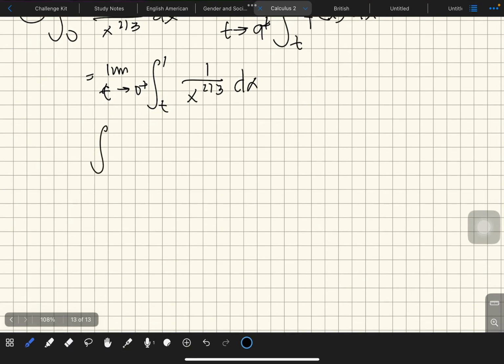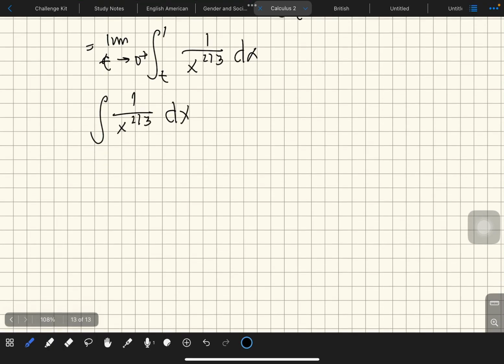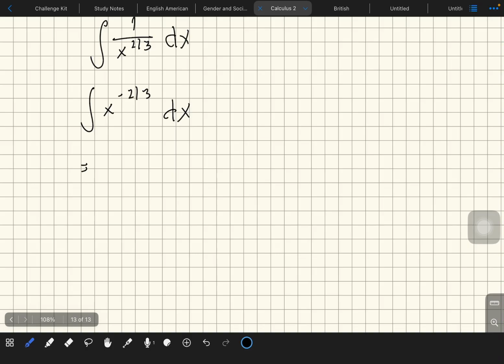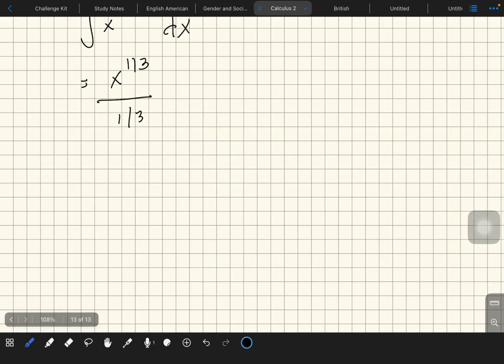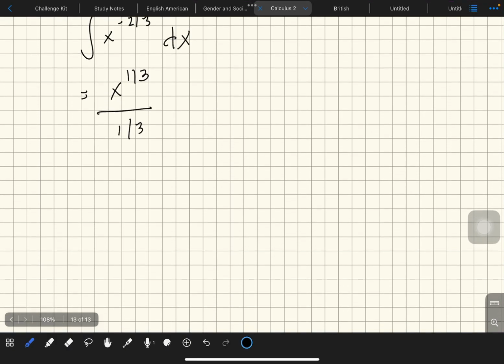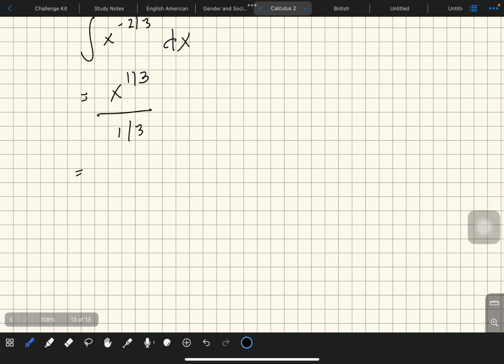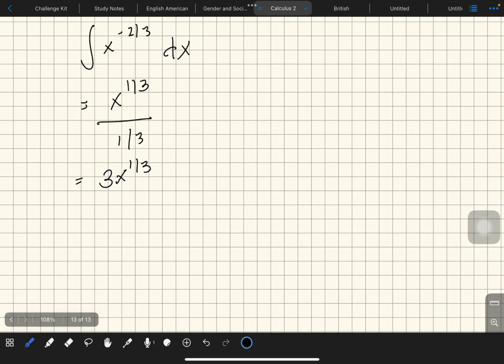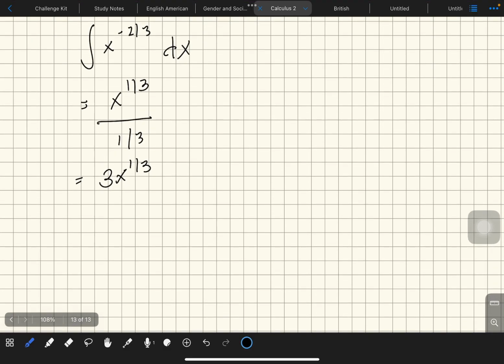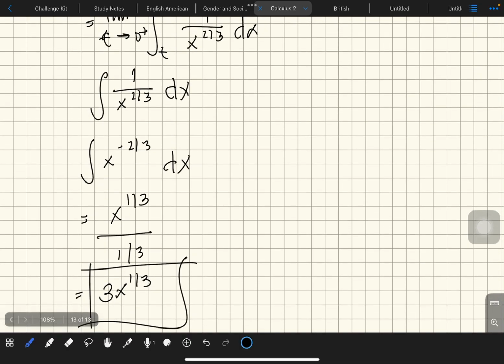So now let's integrate first the integral. This will become x raised to negative 2/3 dx. Integrating gives x raised to 1/3 over 1/3. If we change this, this will become 3x raised to 1/3. So we now have the value of the integral.